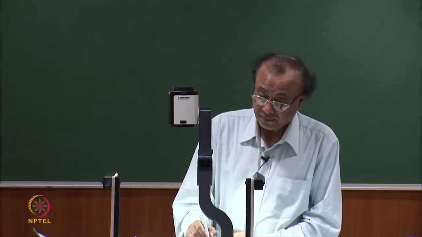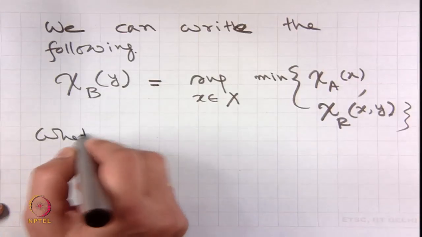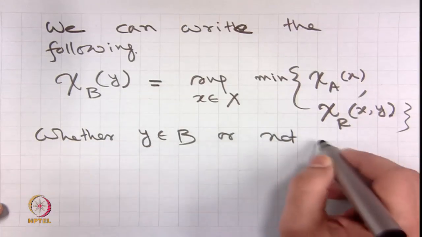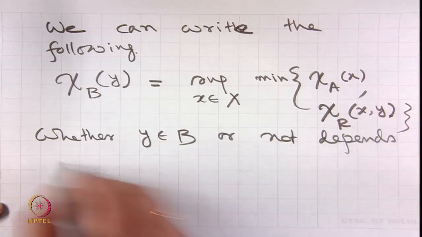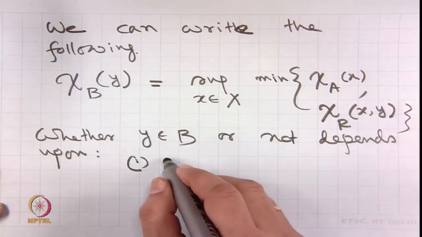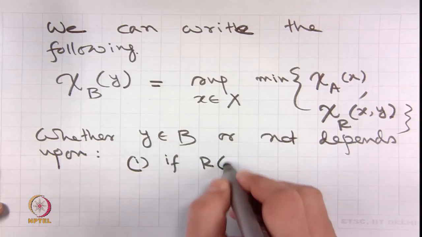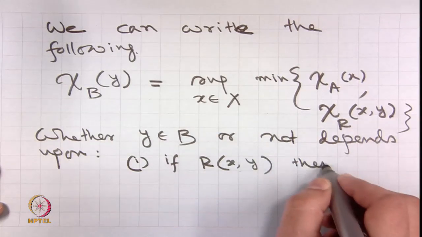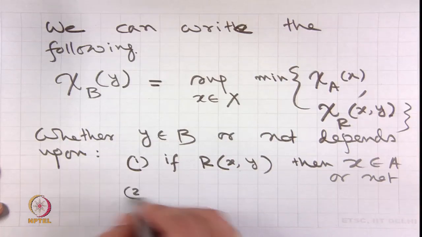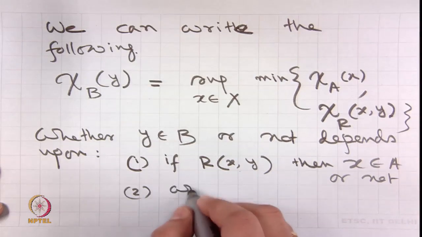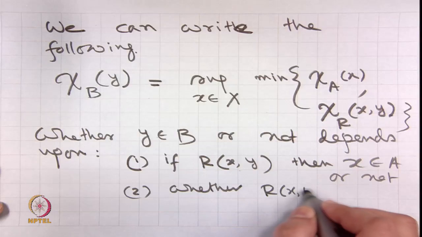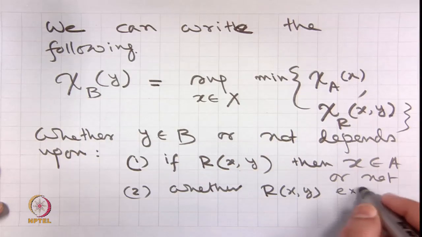That is, whether y belongs to B or not depends upon, one, whether x belongs to A or not, and two, whether R x y exists or not.